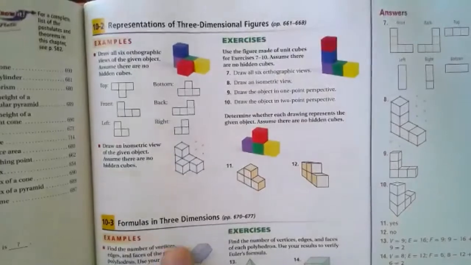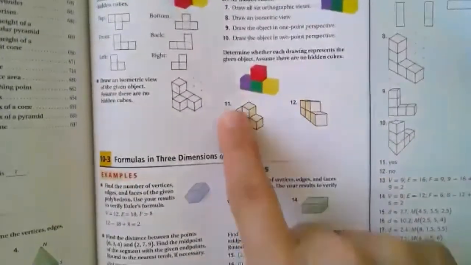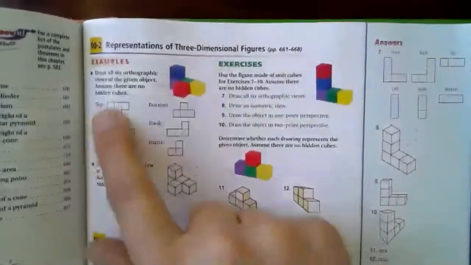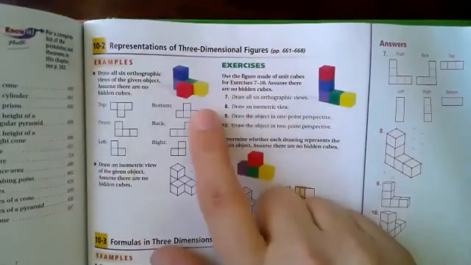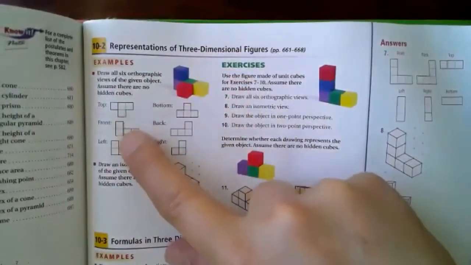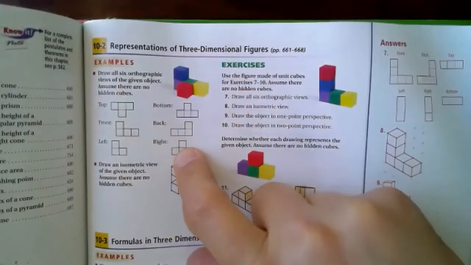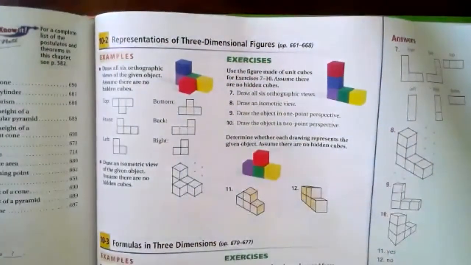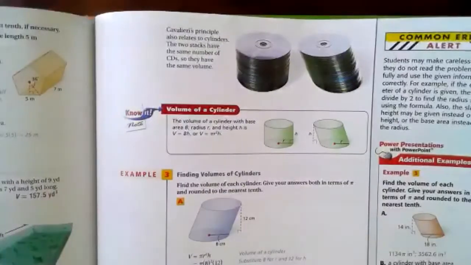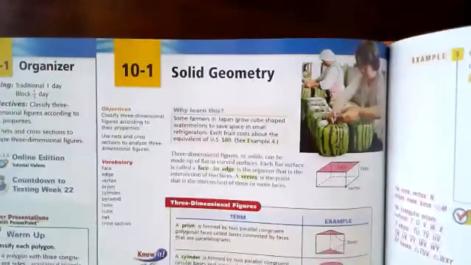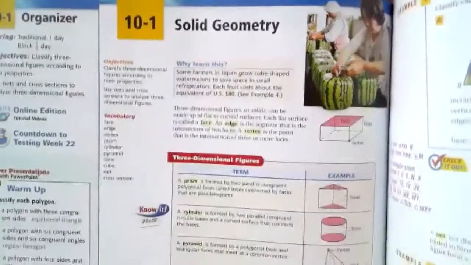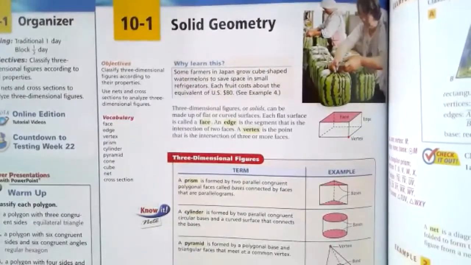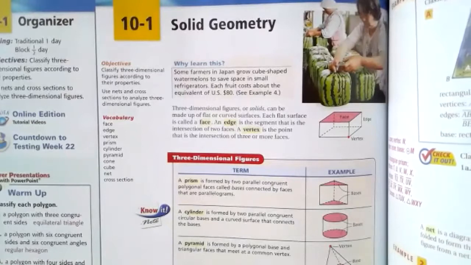Formulas for three-dimensional objects, we'll talk about that. We'll start that off, and we may even get into the views of a geometric shape. I taught this when I taught an engineering class a couple of years back, and it was pretty interesting. You're going to see this material not only in this class, but probably the rest of your life.